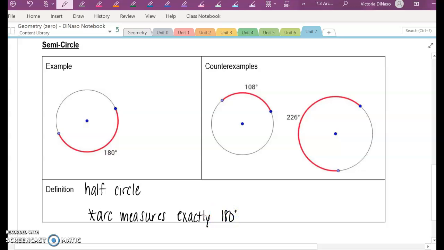And with a semicircle, there's something important that we have to draw. This is what we're always going to have to highlight, because once we highlight what's called the diameter, the diameter creates two semicircles. So once you have a diameter, I'm going to use a color and highlight the diameter. Always highlight the diameter, because then you know that you have a semicircle, half a circle.